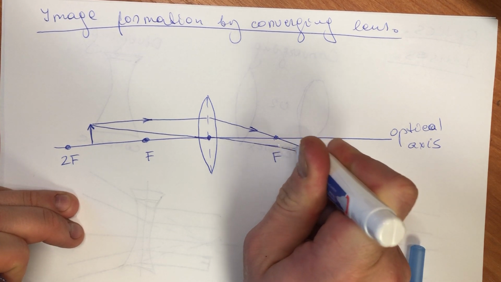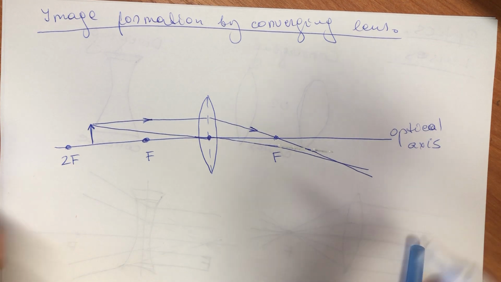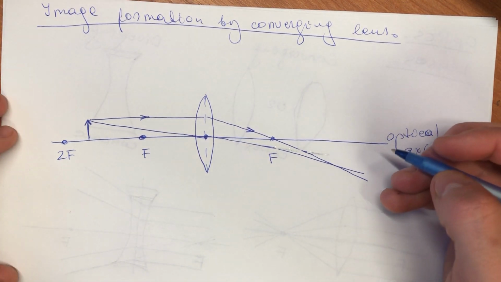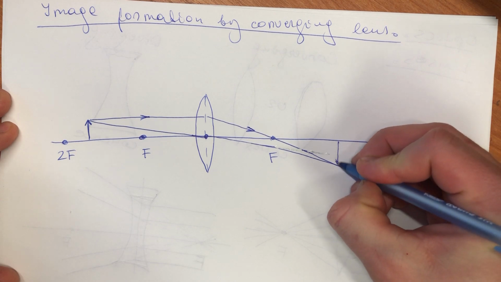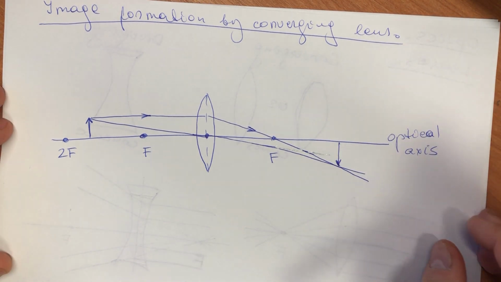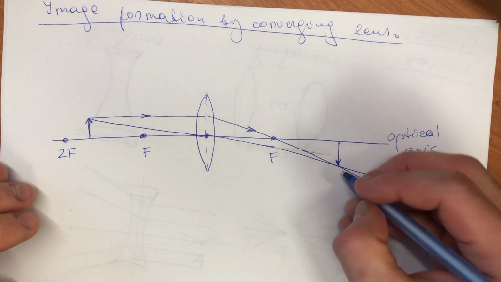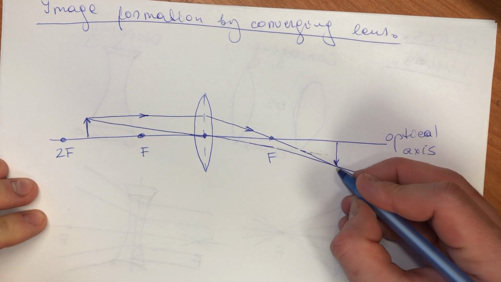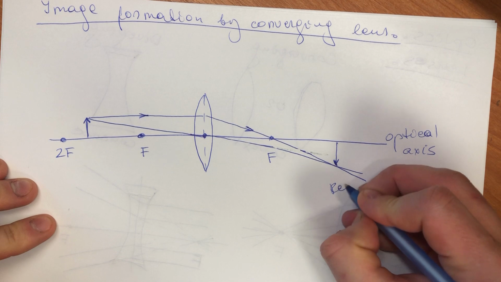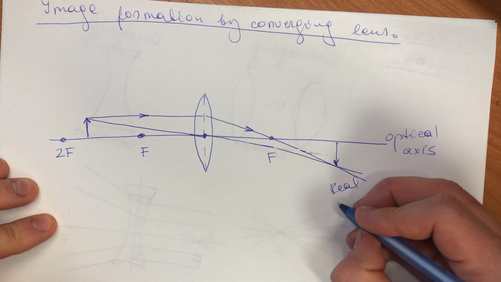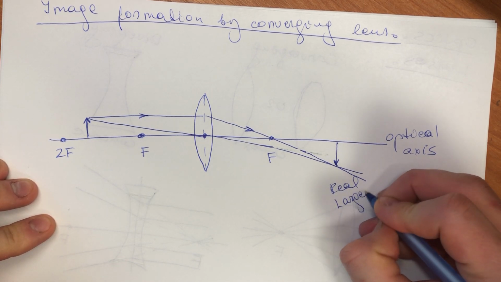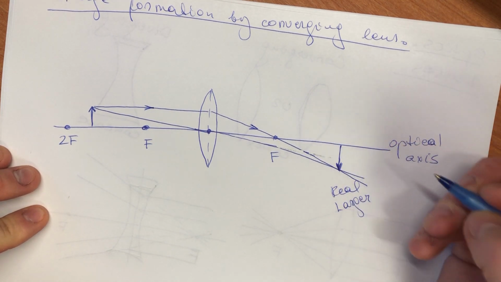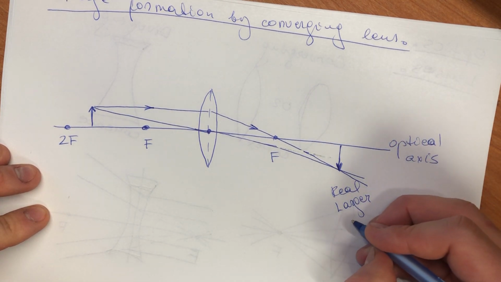So here you see precision is very important. Here you see what happens. We got an image by converging these two light rays, so it is real, a bit larger image, and upright.